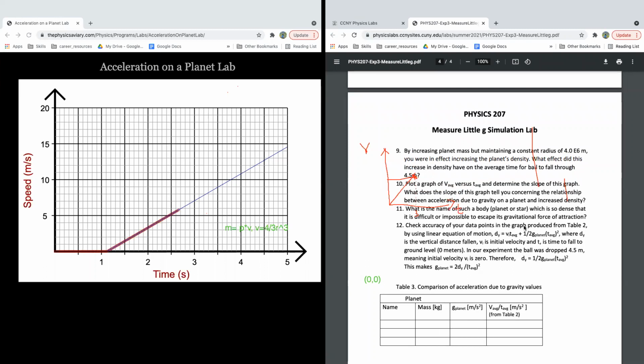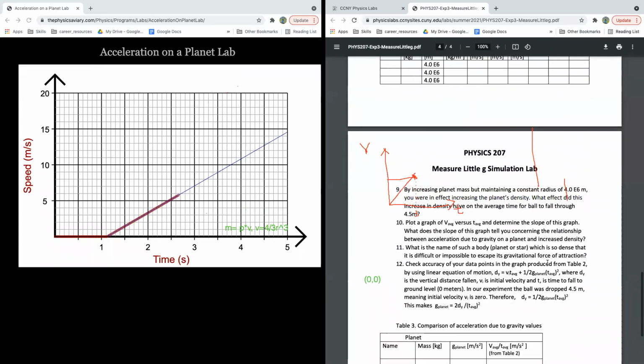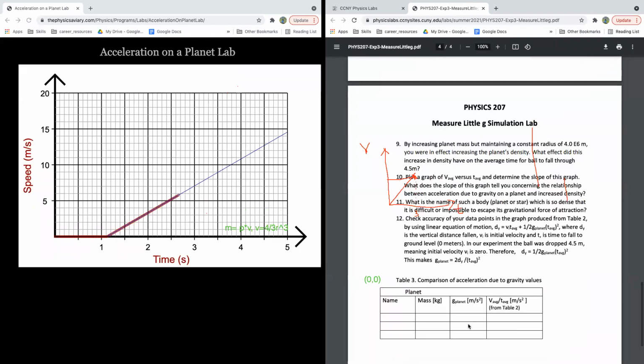So when you check the accuracy, you use the linear equation of motion for dy. So dy here is 4.5 meters, right? The initial velocity is 0, and g planet at T average, you know this T average from the table. Then you calculate the g planet. So you can put the g planet here.